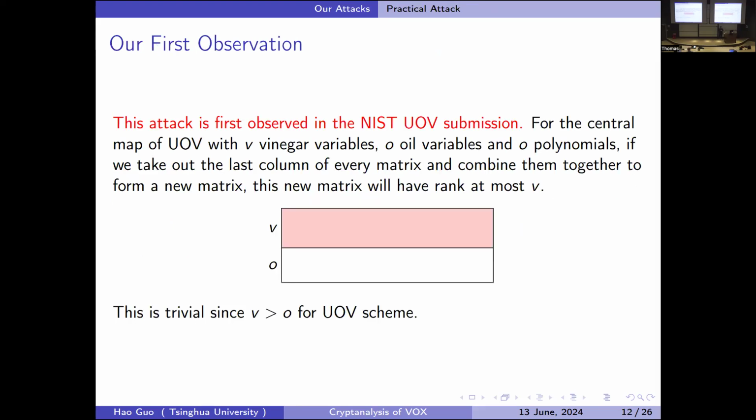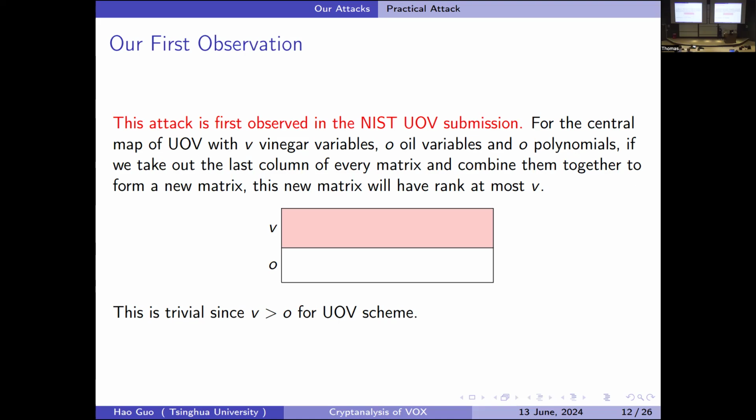And here come our attack details, and I will skip some of the technical details, and if you are interested, you can ask me after the talk. So our idea is to try to find some rank defects in the matrices, but how should we find them? The first idea is to take out the last column of every secret key matrix and combine them together to form a new matrix.